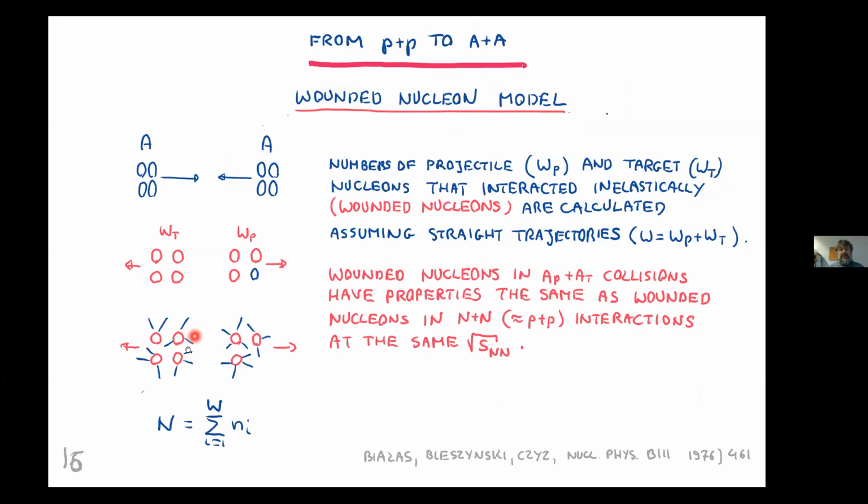Instead of strings here, we talk about nucleon decay, but you can think about the strings and you can stretch them maybe between different wounded nucleons as well. Important is that these decay processes are independent. Then the total multiplicity in such an event is a sum over multiplicities coming from the single decay process, say the wounded nucleon decay process. That's just an additive formula.